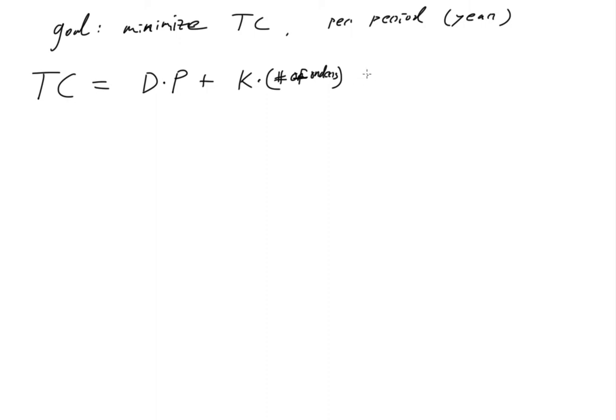Okay, and we'll come up with an idea of what that number is. And then in addition to that, there's also the holding cost, which is H. And that has to be multiplied by the average number on hand in the warehouse. Okay, so number of orders.